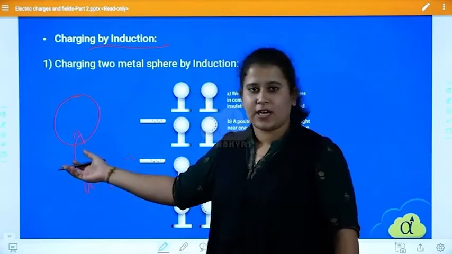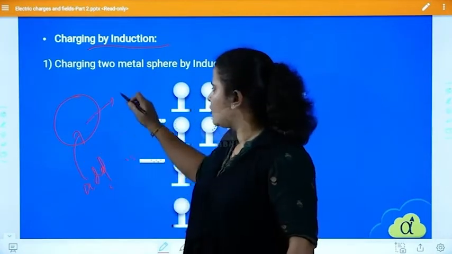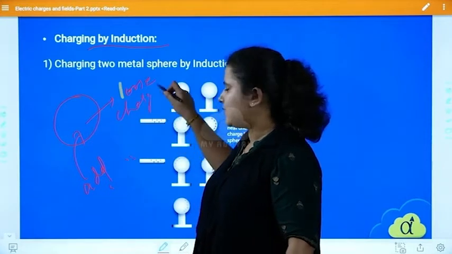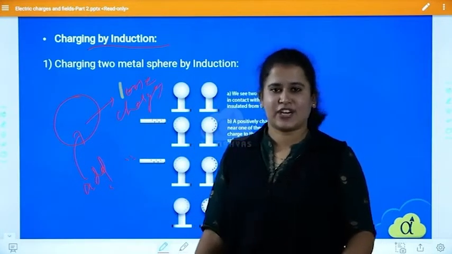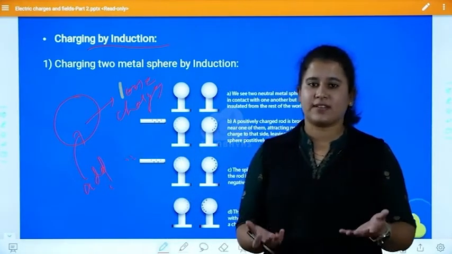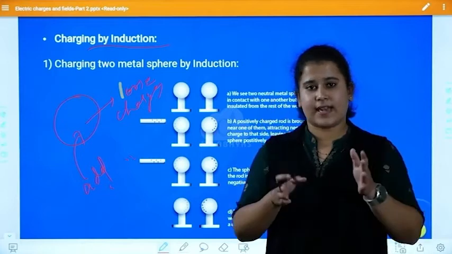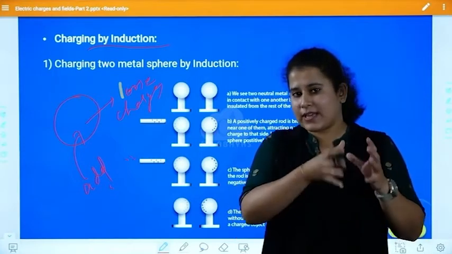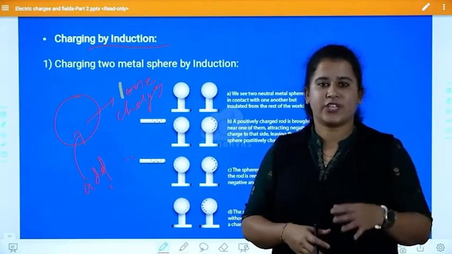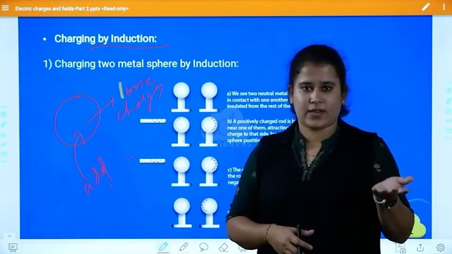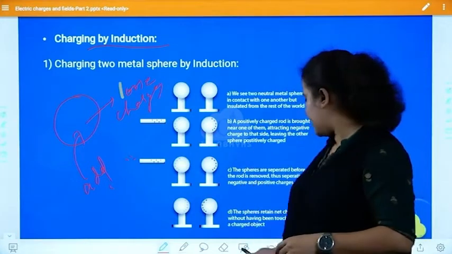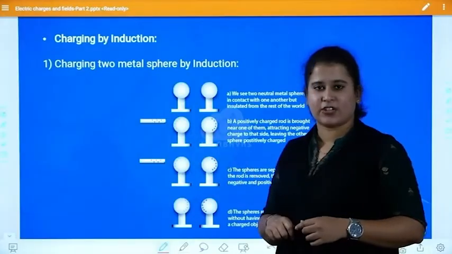So if I add charges to this ball, it shouldn't lose charges. This method we call induction. Whenever extra charges are given, the prior charges that were in that material will remain the same. It doesn't lose charges. That method we call charging by induction.